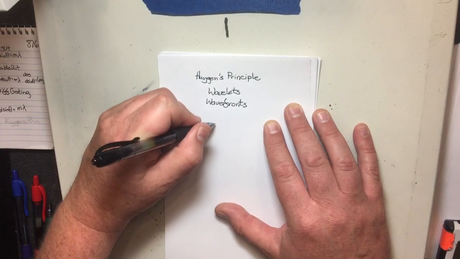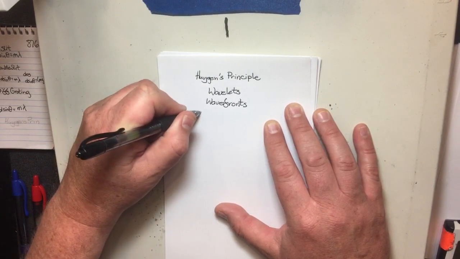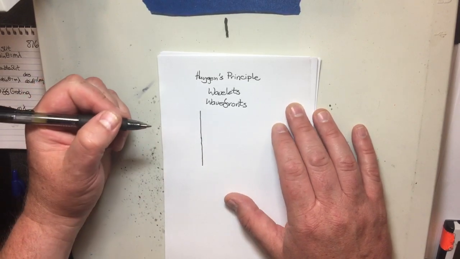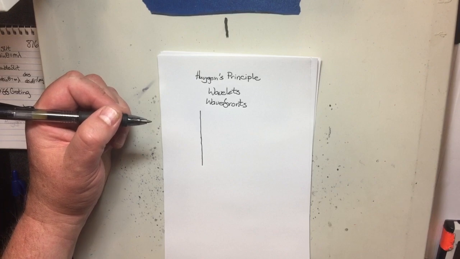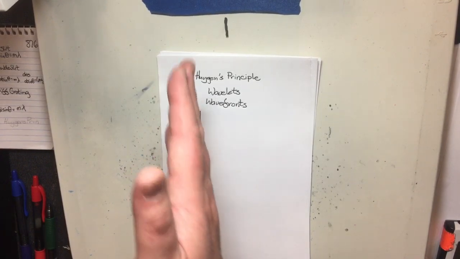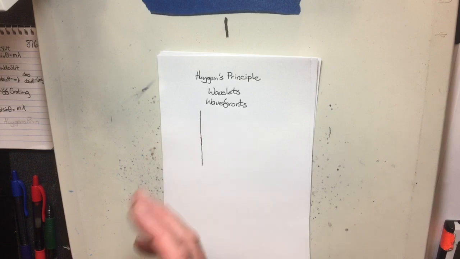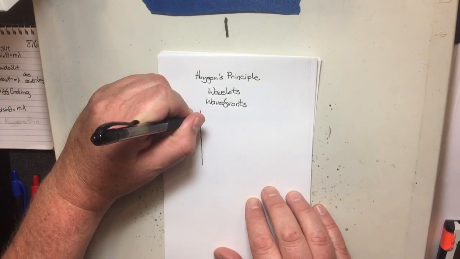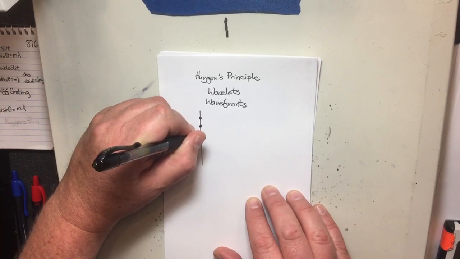Say that this is a light wave. Really, Huygens principle says that if you want to figure out where this wave is going and how it behaves, you treat it as a series of wavelets.